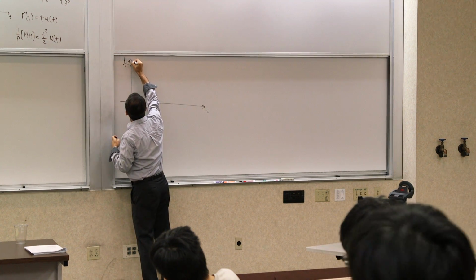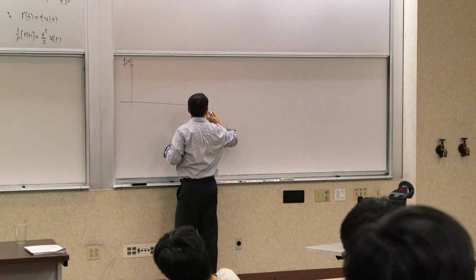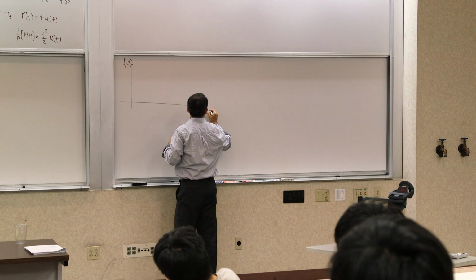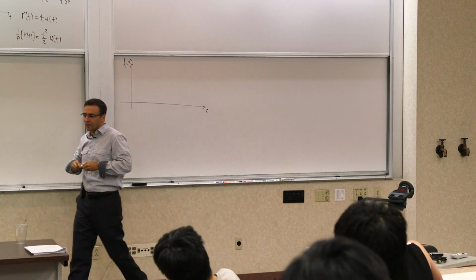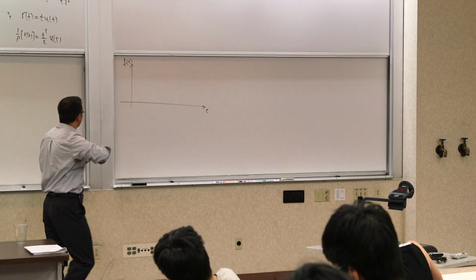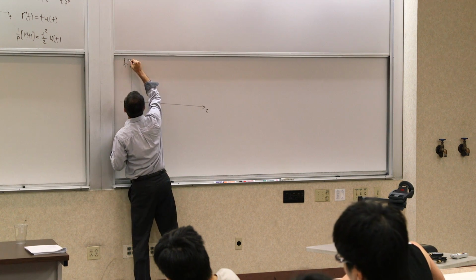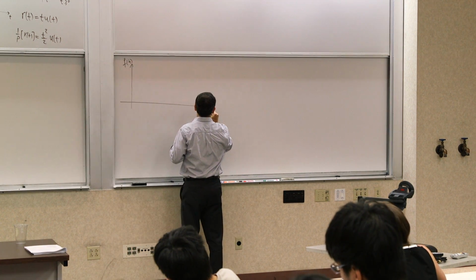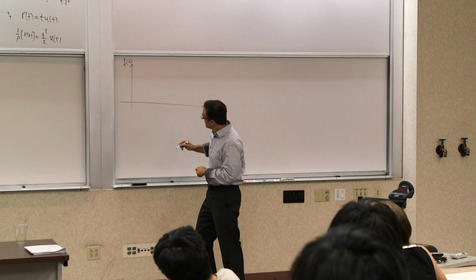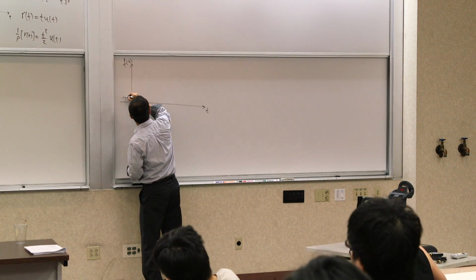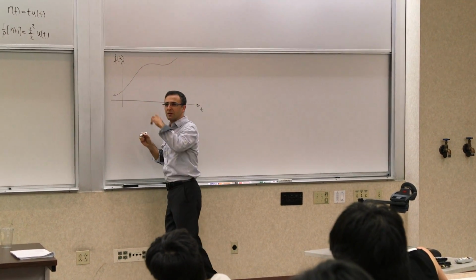Well, let's call it f of tau. No, actually, let's make it f of t. Sorry, never mind, because I have to decide which way I want to go eventually with this. So let's say this is the function f of t. Some arbitrary function.